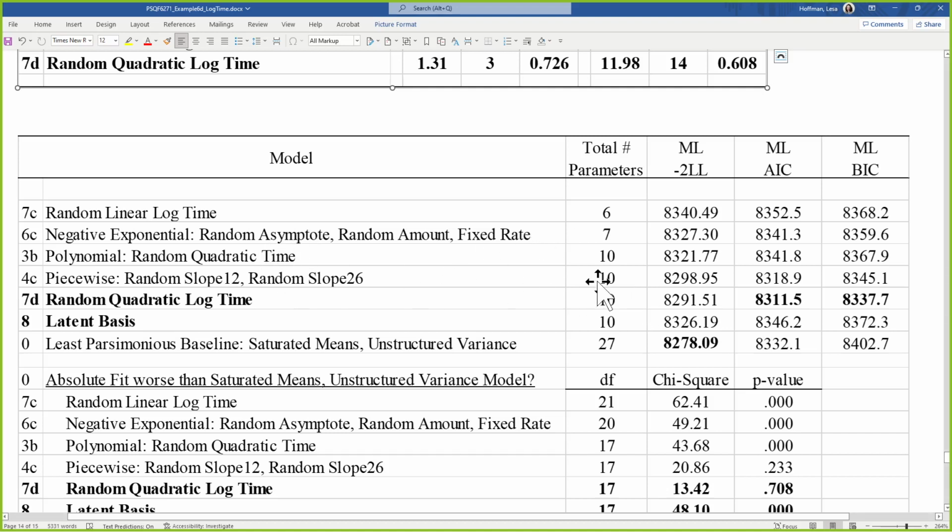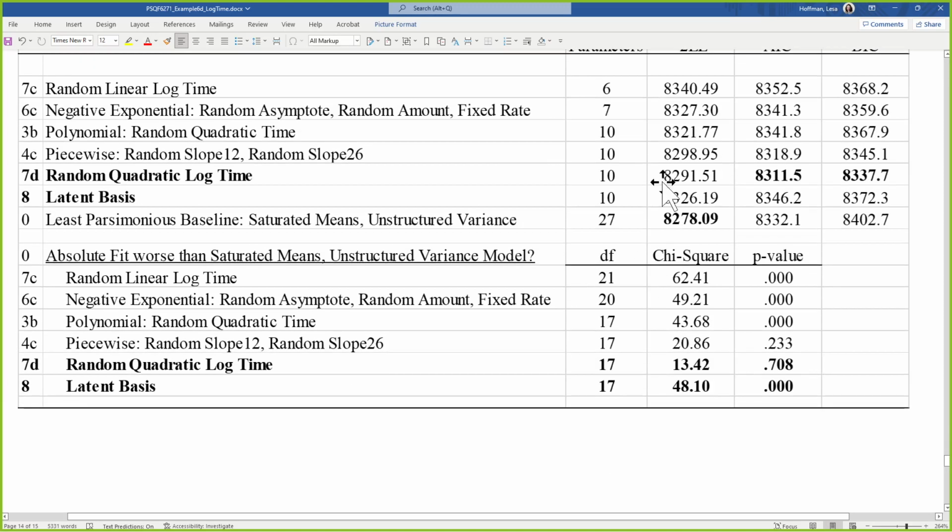So this is an instance in which if I wanted to talk about relative comparisons of these models that each have 10 parameters, I couldn't do it with a likelihood ratio test because I have no degrees of freedom. I have to do AIC and BIC. So AIC and BIC is relatively happiest with random quadratic log time. Latent basis is decidedly worse than those two.